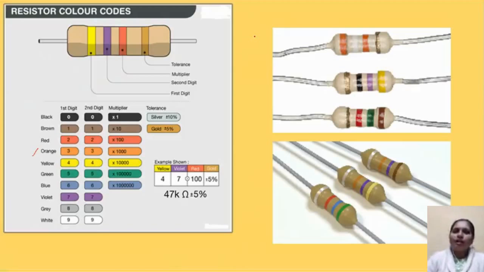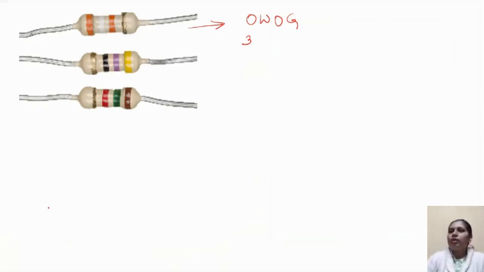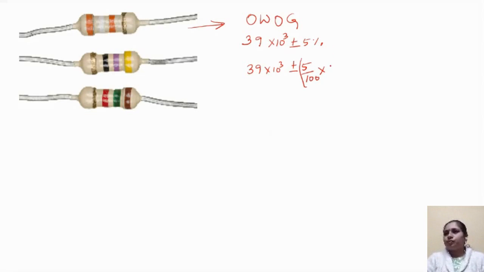What is the value of white? White, it is 9. Okay, so 39 into 10 power 3 plus or minus 5%. Okay, so 39 into 10 power 3 plus or minus 5%, that is 5 by 100 of 39 into 10 power 3.